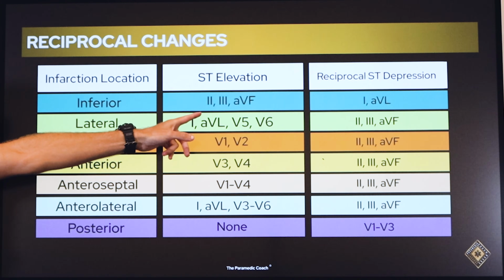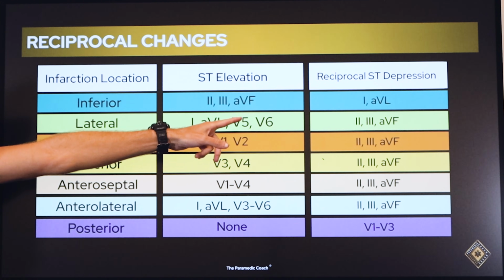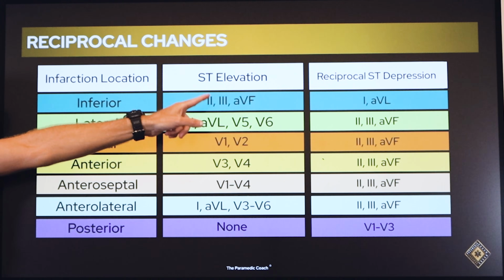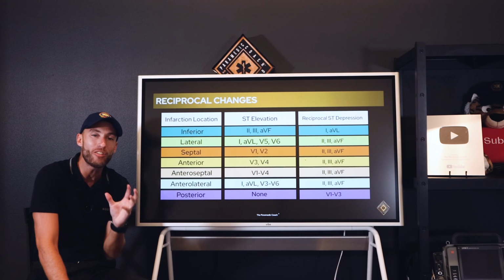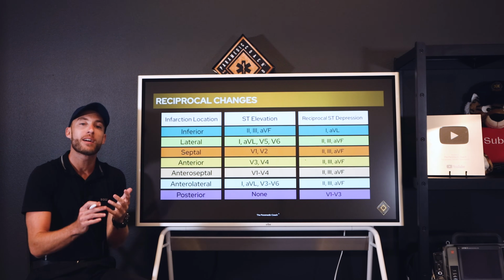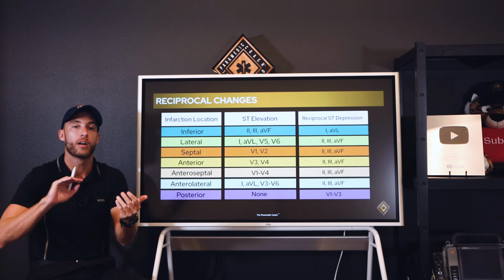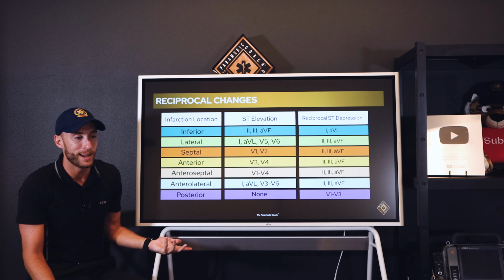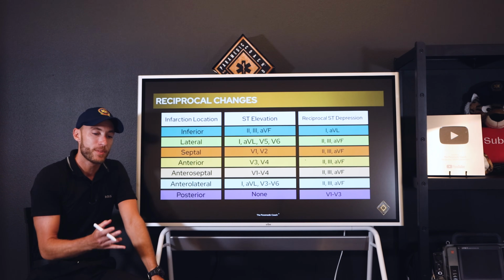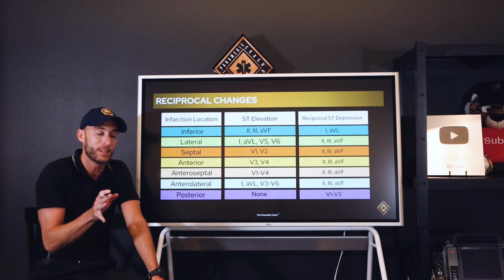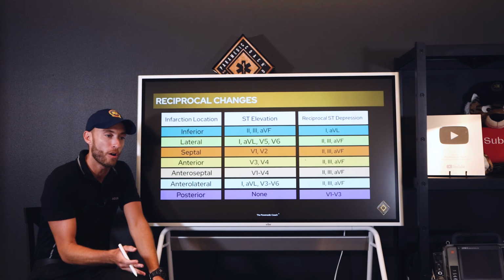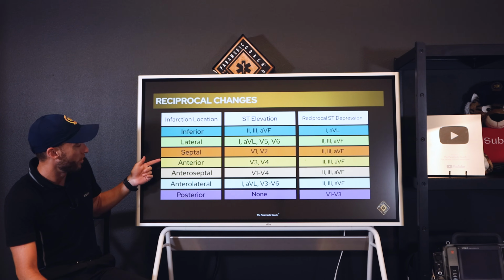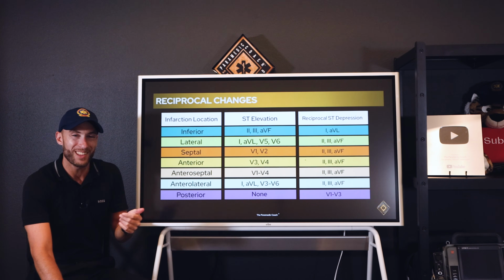Inferior: 2, 3, AVF. We're going to see a 2 down and 1 AVL. Lateral: 1, AVL, V5, V6. Essentially, folks, everything is just the opposite of the inferior wall. Which, if you think about it, kind of makes sense, because the inferior wall is looking at the right coronary artery, and when we went through all of these other ones, like lateral and septal and anterior, they're all on the left side.